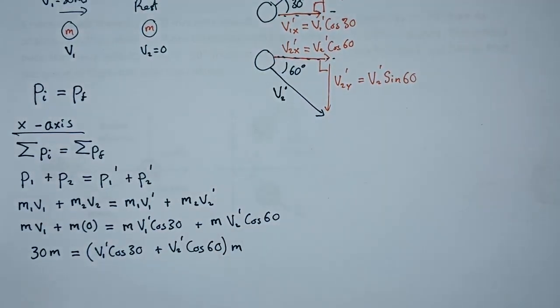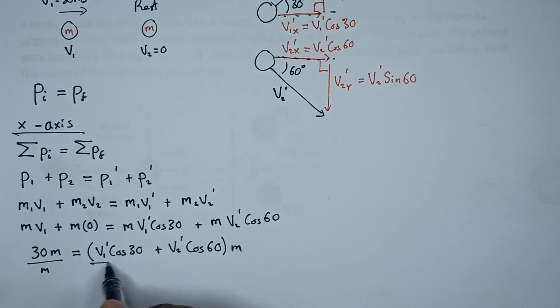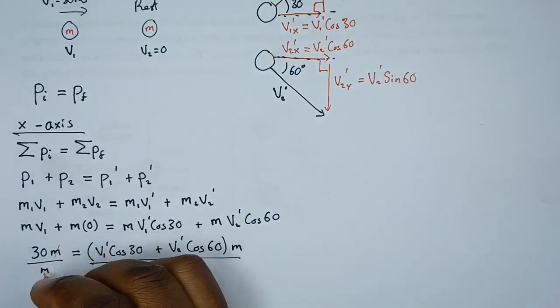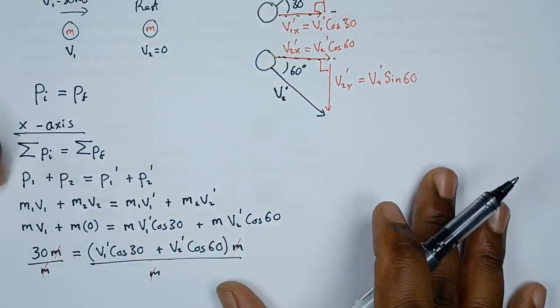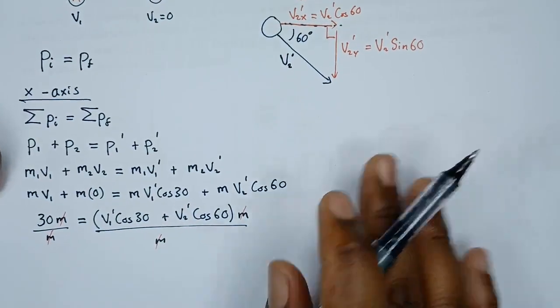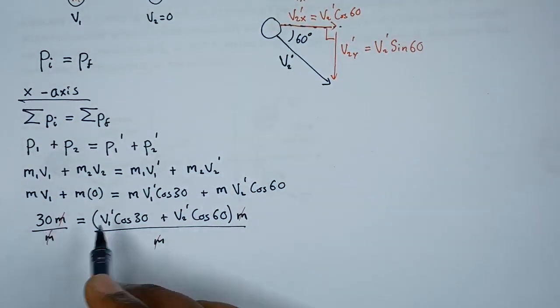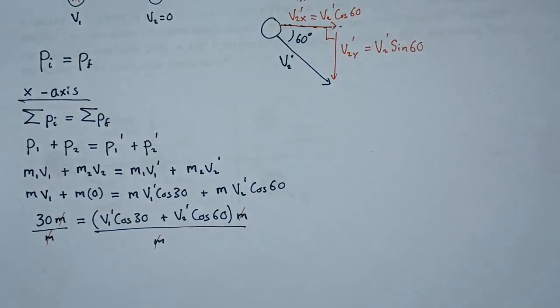So since we factored out m, the next step can be to divide both sides by m. If we divide here by m, we divide here by m, we want to get rid of the mass, so the mass can easily cancel out. So what do we remain with if mass cancels out? On this side we just have the 30, but let's start with this side. Let's find the value of cos 30.